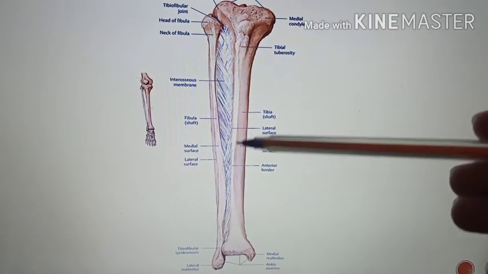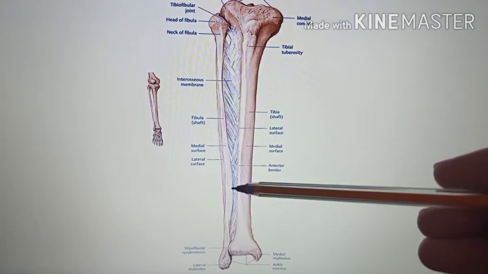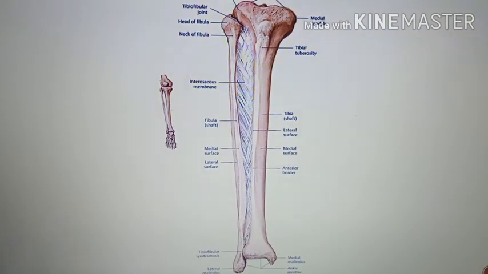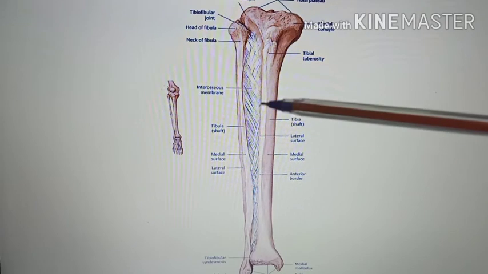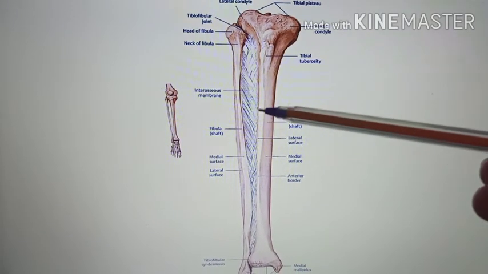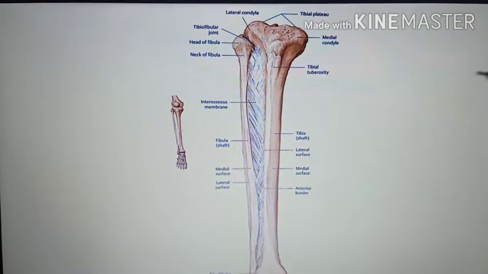So this is the tibia, this is the fibula. What you are having here, this entire thing is the interosseous membrane, which is forming the middle tibiofibular joint. This interosseous membrane connects the interosseous border of the shaft of the tibia and the fibula.